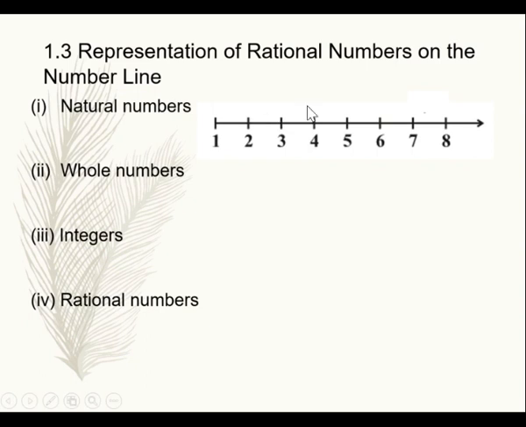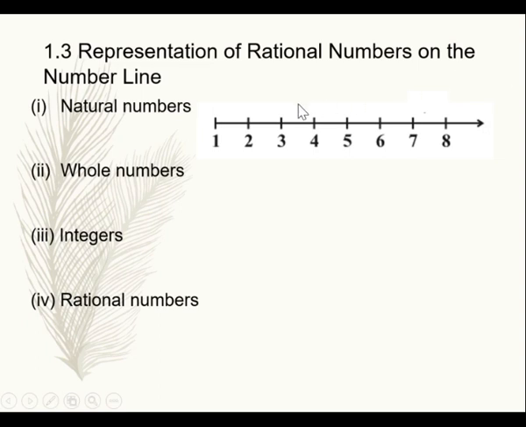This is the natural number line, where natural numbers start from 1 and all the natural numbers are shown on a number line.